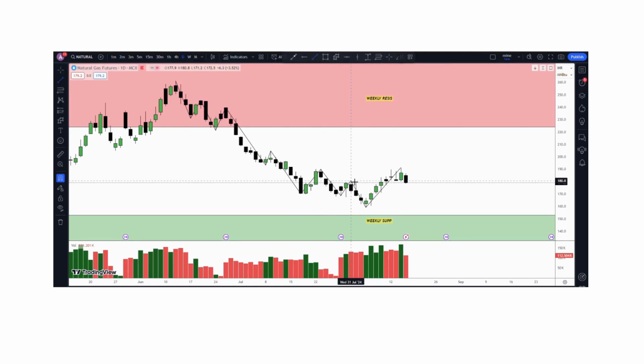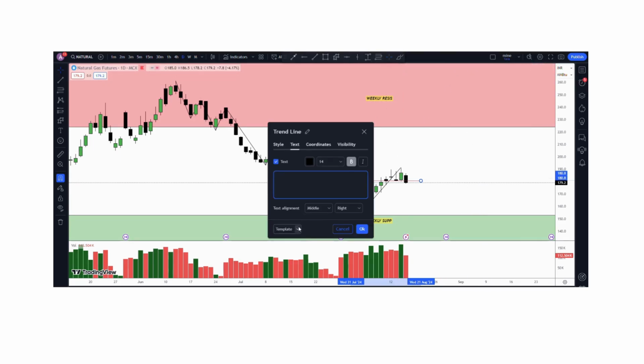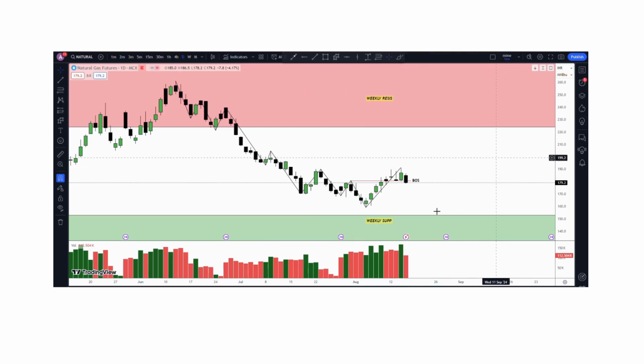And over here, for the first time, we see a break of structure, as in price has gone down and then it's climbed up and closed above the last lower high. From the 12th of June, it's been making lower highs, lower lows, all the way down to here. And this is the first time, somewhere on the 12th and 11th of August, where it started making a higher high.